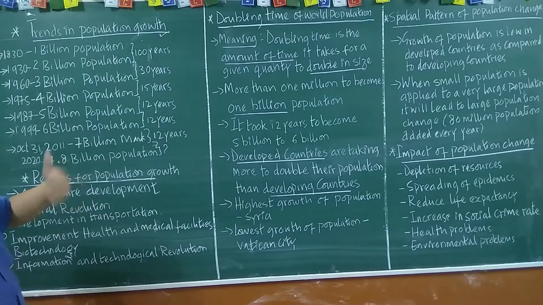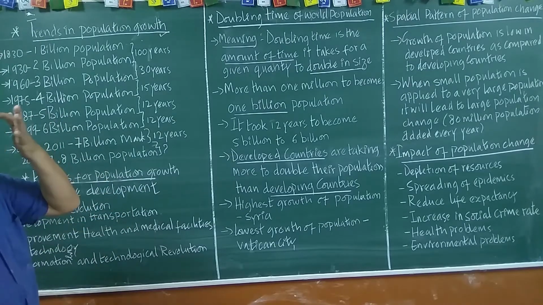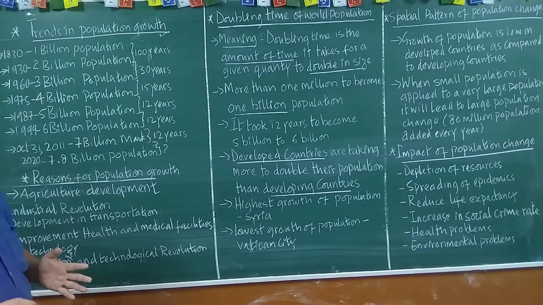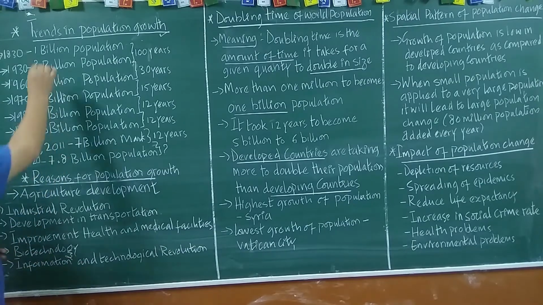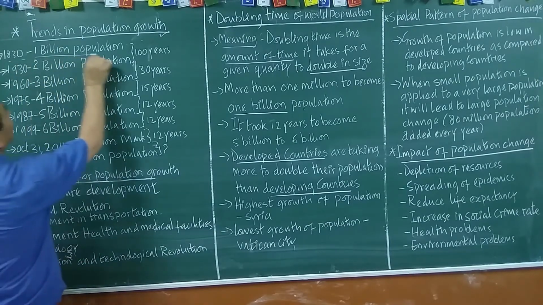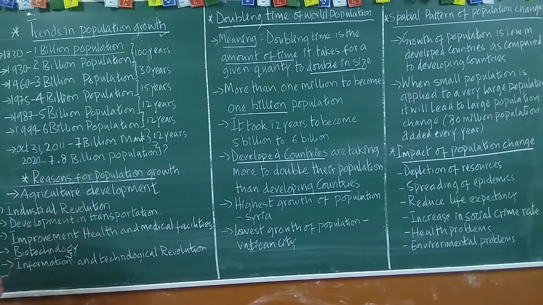It has taken almost a million years, or more than a million years, for the world population to reach the 1 billion mark. Here, in 1830, the world's population became 1 billion.